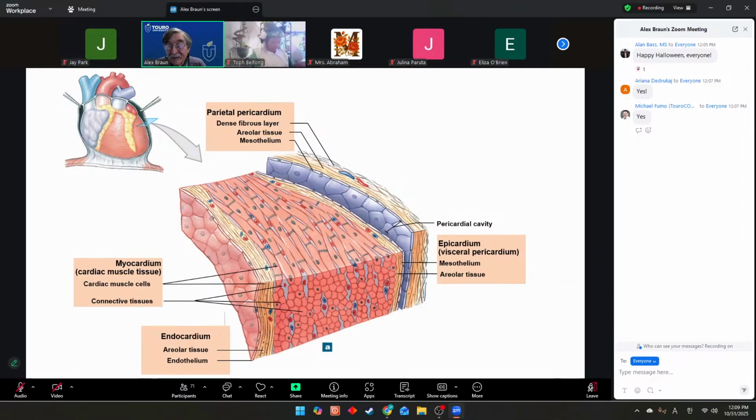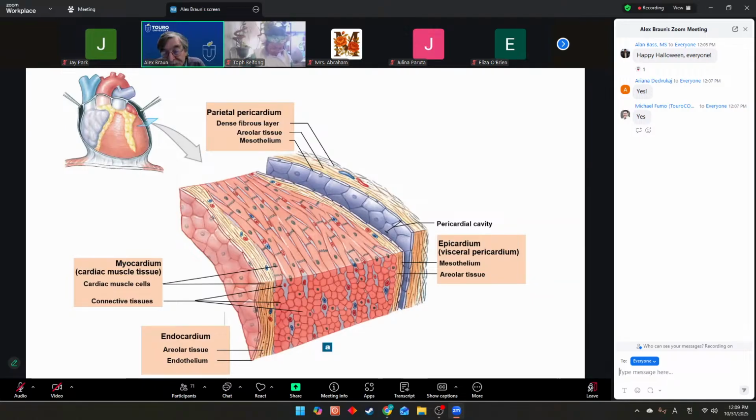The flat, simple epithelial cells which line the pericardial sac are sometimes called mesothelial cells. Mesothelial cells are not unique for the pericardium. They are also seen in the pleura and in the peritoneum. All of those membranes are serous membranes because the mesothelial cells secrete a serous fluid, a watery proteinaceous fluid.